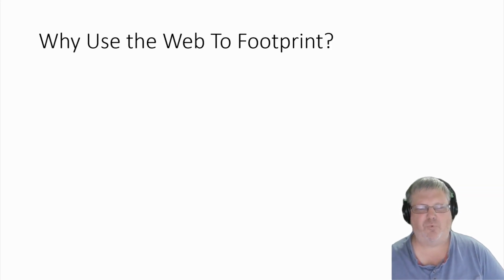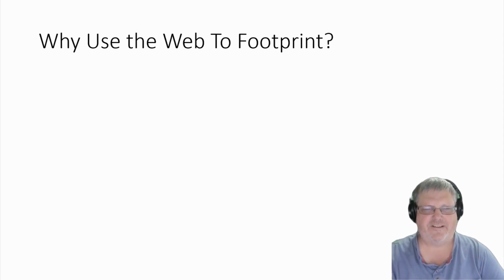But we're going to discuss footprinting, which is part of the first stage of ethical hacking. It's part of the reconnaissance phase, or some people call it the information gathering phase.